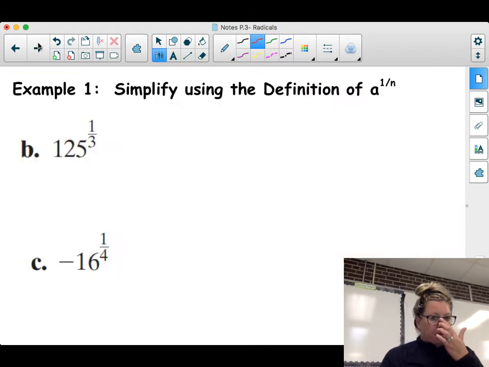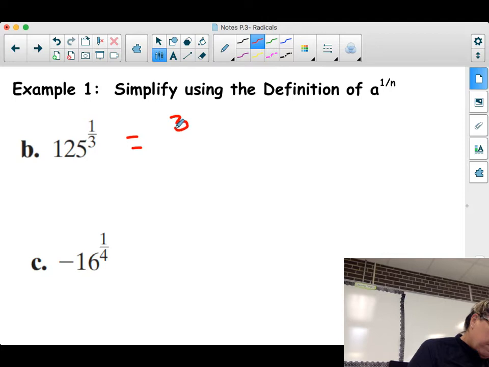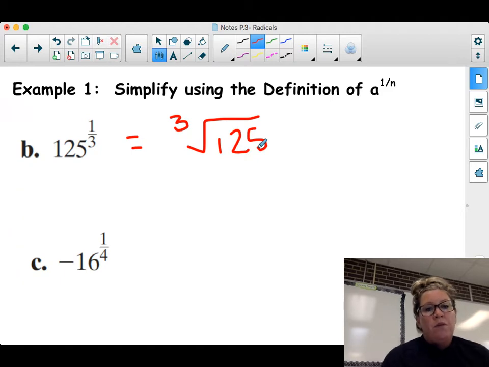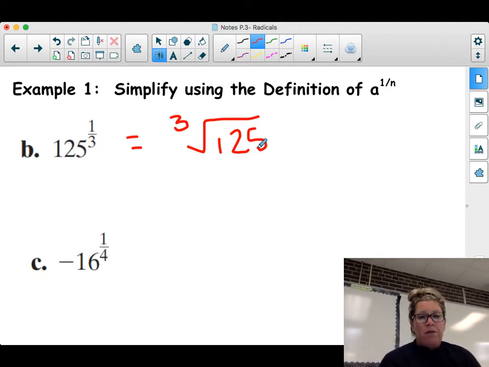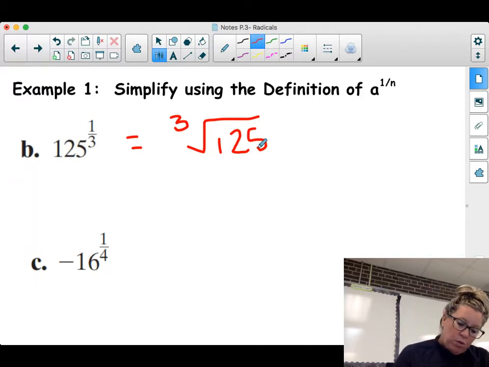All right, so 125 raised to the 1/3 power. That 1/3 power written as a radical is going to be the cube root of 125. Then you want to reduce that cube root of 125. So you're looking for perfect cubes. 125 can be written as 5 times 5 times 5, or 5 cubed.